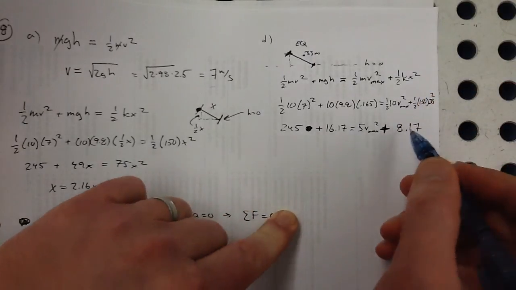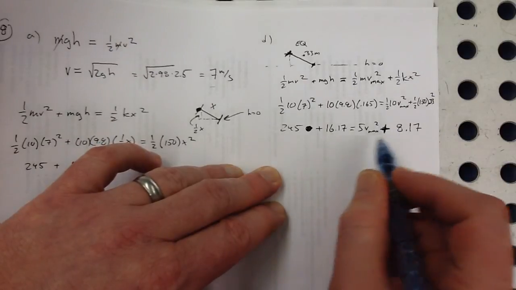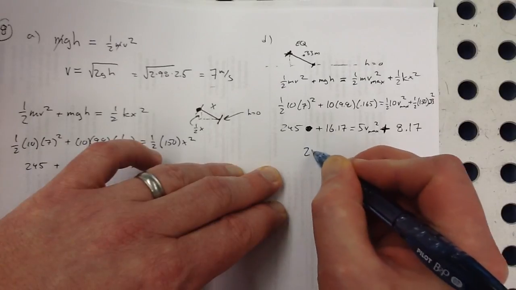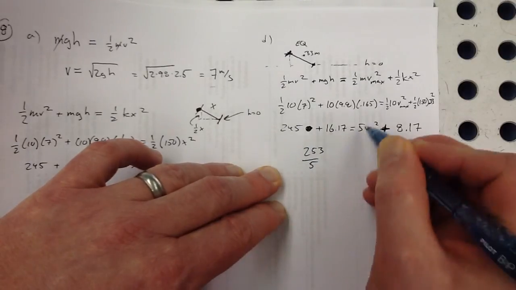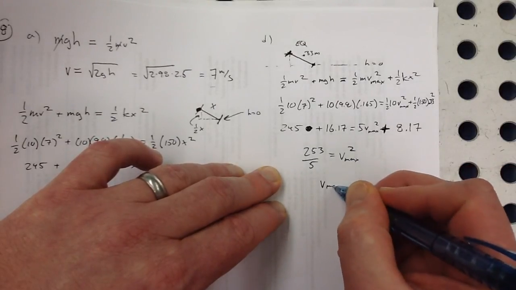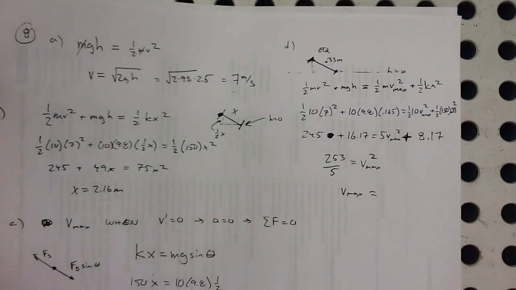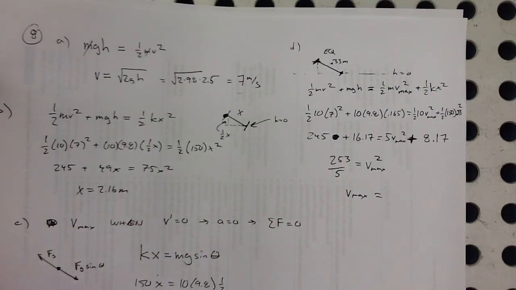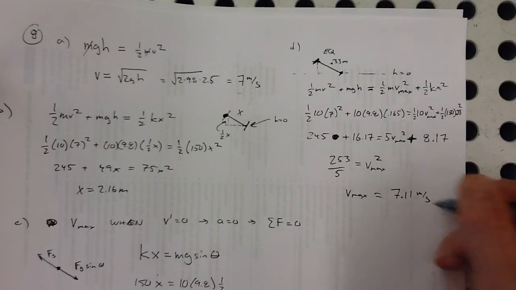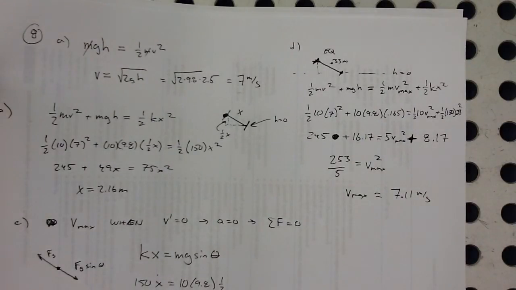I'm going to round that a little bit. Subtracting that over to here, that's going to be 253.5. You can do as much or as little of this in your calculator as you want. So Vmax is equal to the square root of 253 over 5, which is 7.11 meters per second. So it doesn't attain a whole lot more speed than what it did when it hit the spring, but a little bit more.